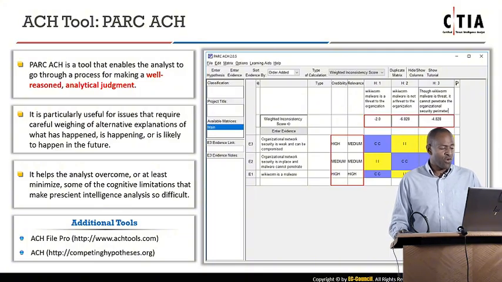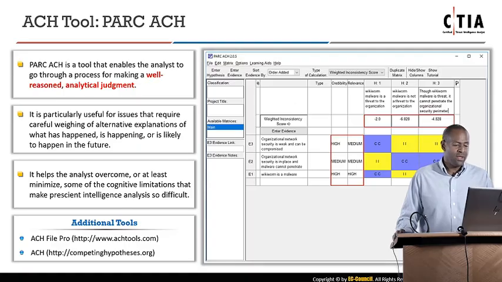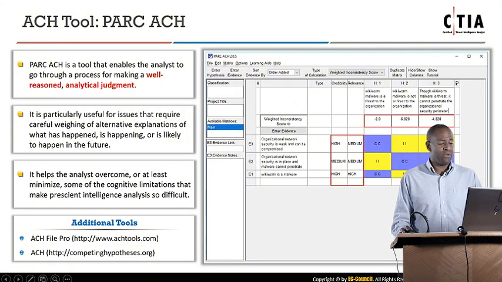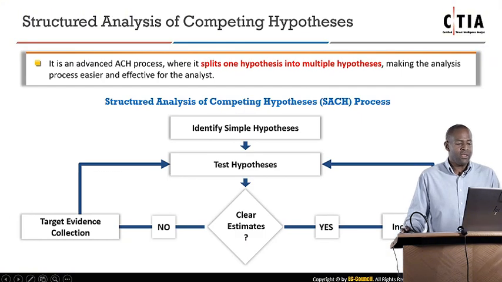It helps analysts overcome or minimize some of the cognitive limitations that make prescient intelligence analysis so difficult. If you want to have a look at this tool, PARC ACH, you see the links for it down here at the bottom left-hand corner of the slide. I would recommend trying that out.